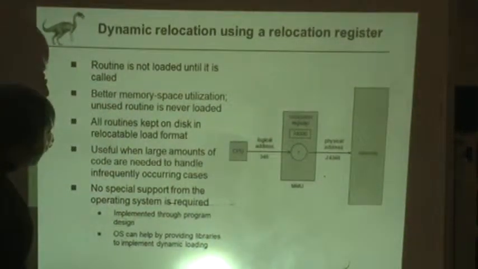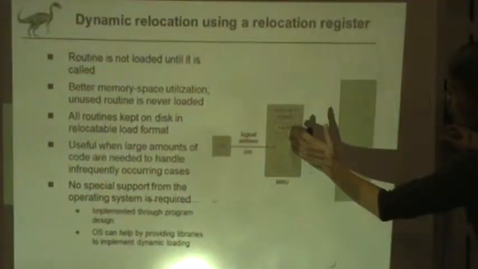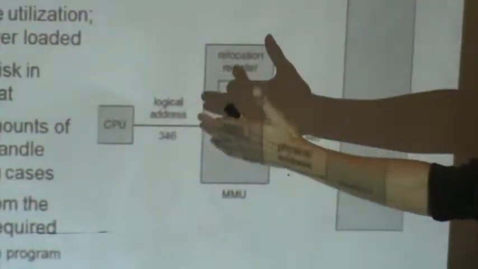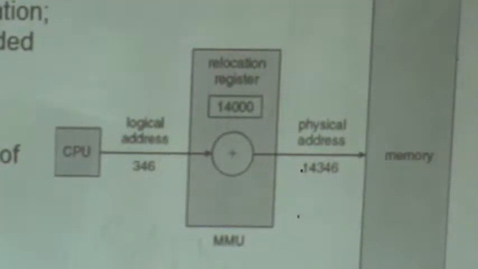So whenever you have a logical address, that will be added to the relocation register nowadays. Okay, then we can find the physical address from the memory.